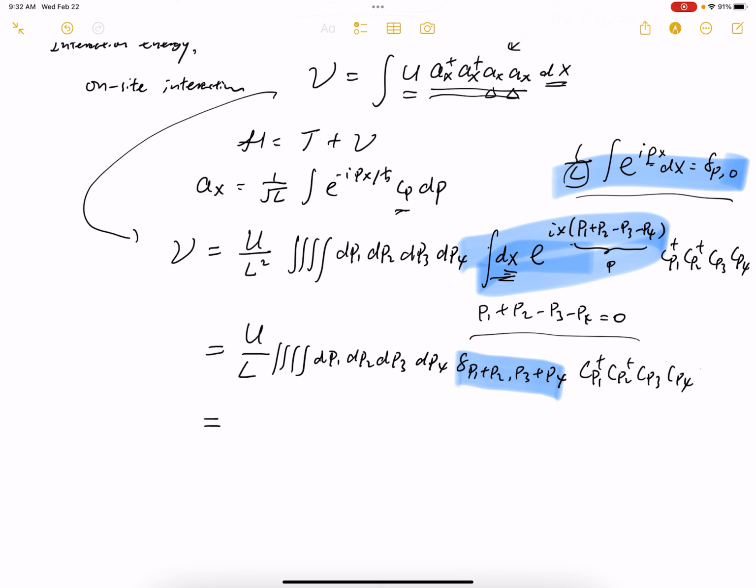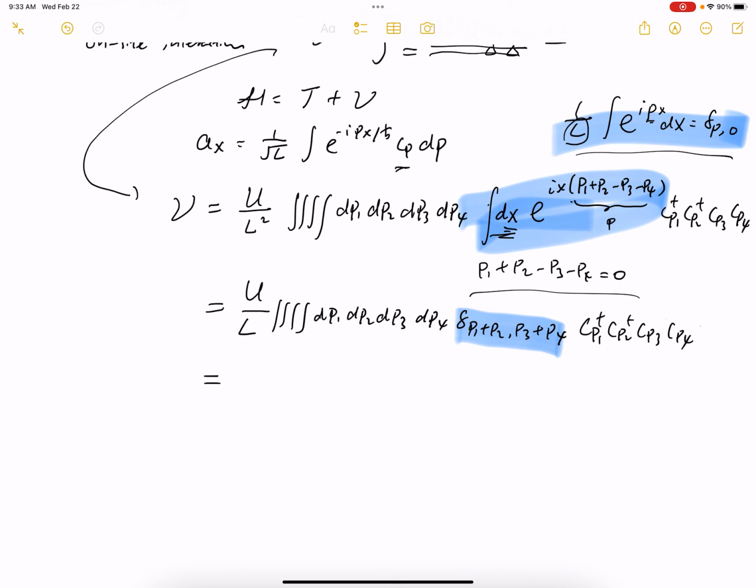So then the last step is, using this delta function property, we can at least remove one integration over p. So it becomes just 3 of them in this case, right? Because we basically just require, for example, p1 to be equal to p3 plus p4 minus p2. We don't need to simplify it at this point.